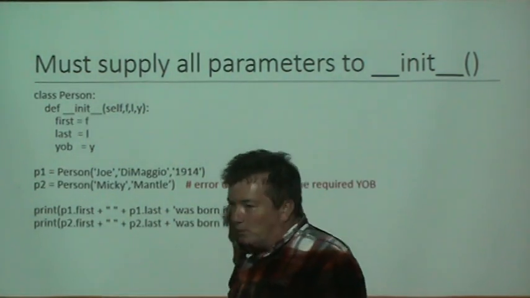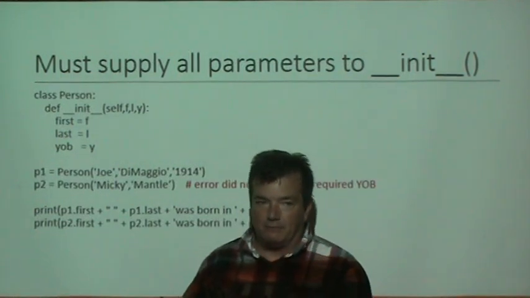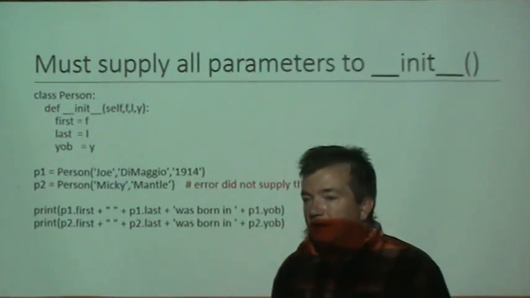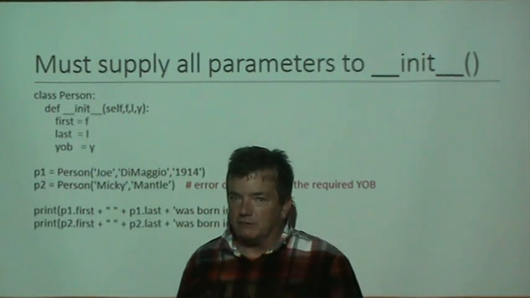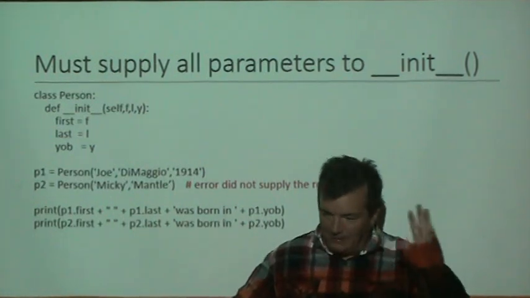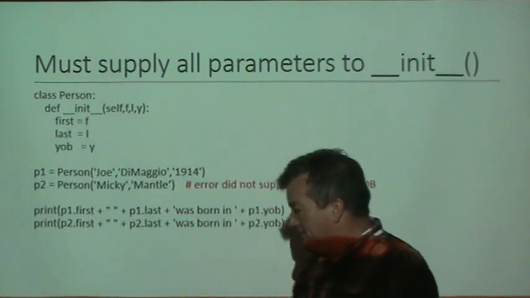So the question is, we need a function, but now we're going to use the word method. If a function is inside of a class, we're going to call it a method. We're going to need a method that only runs one time when you first create the object and then can never run again. And the purpose is to initialize the fields.